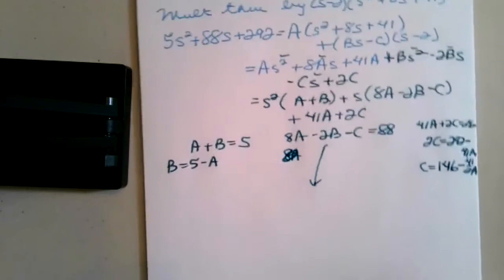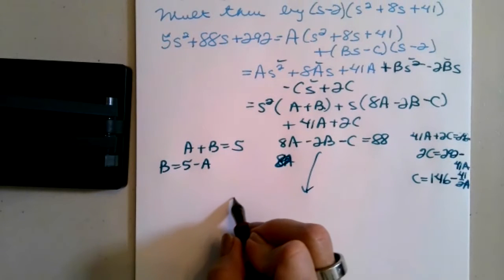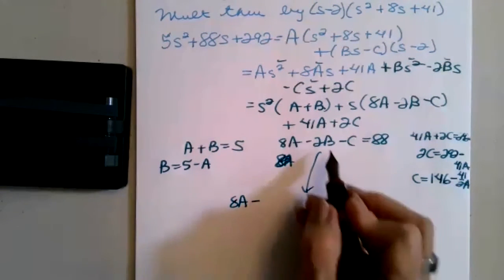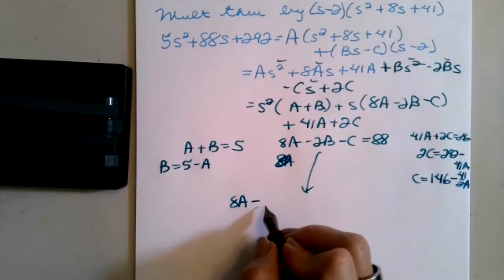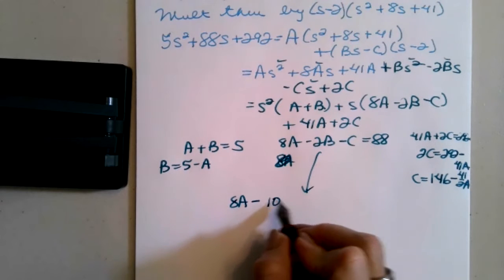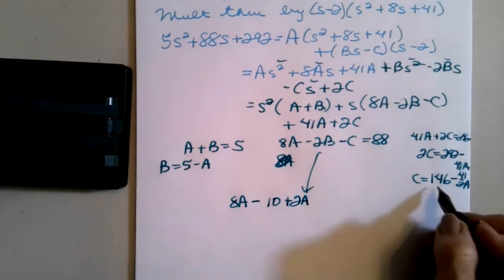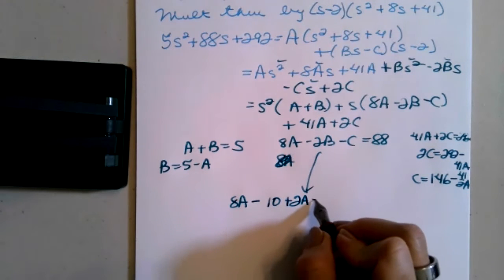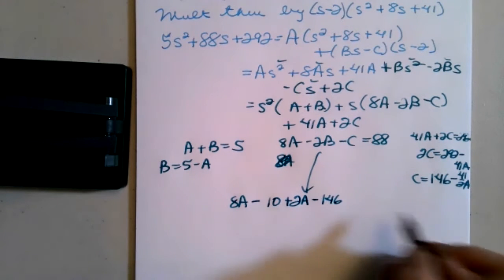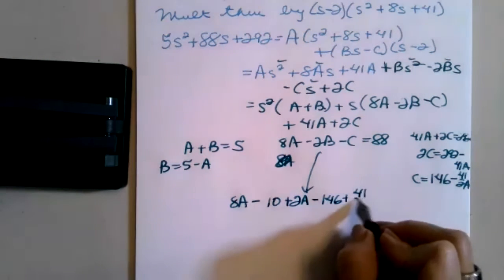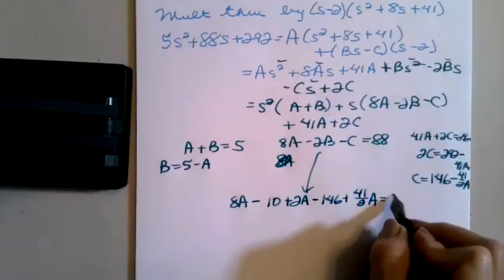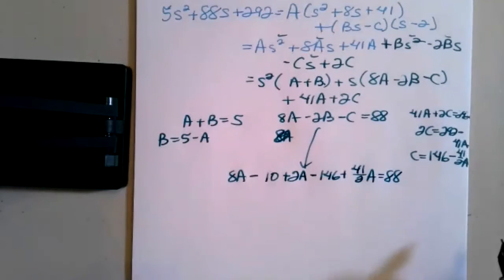So this will be 8A minus 2 times B. Let's be careful. That'll give me a minus 10 and a plus 2A. And then minus C, so that will be minus 146 plus 41 over 2 A, and that's equal to 88.